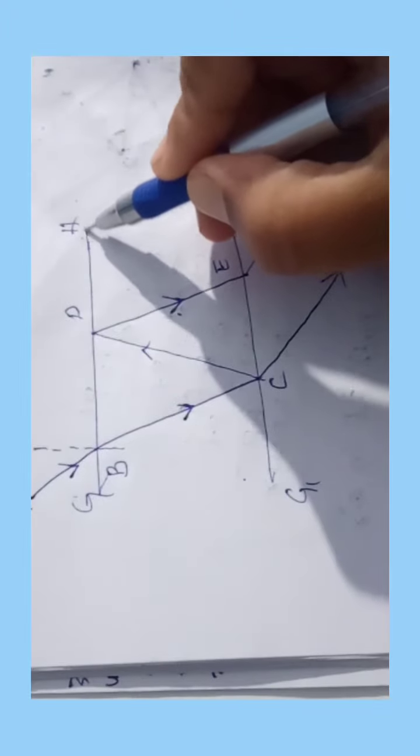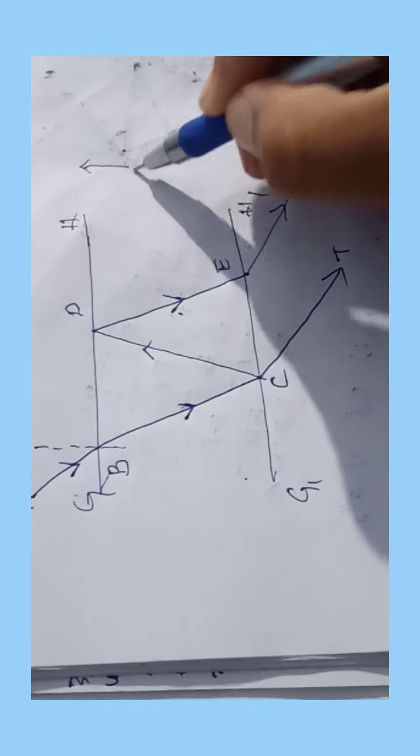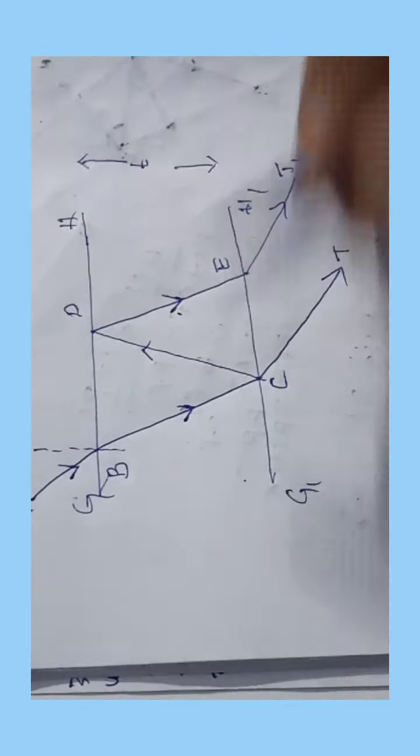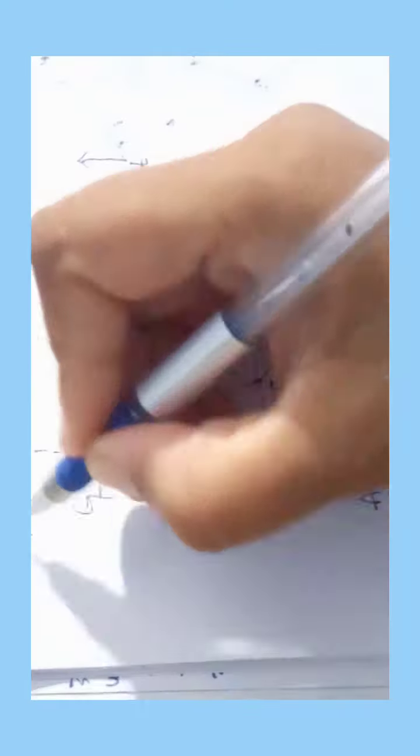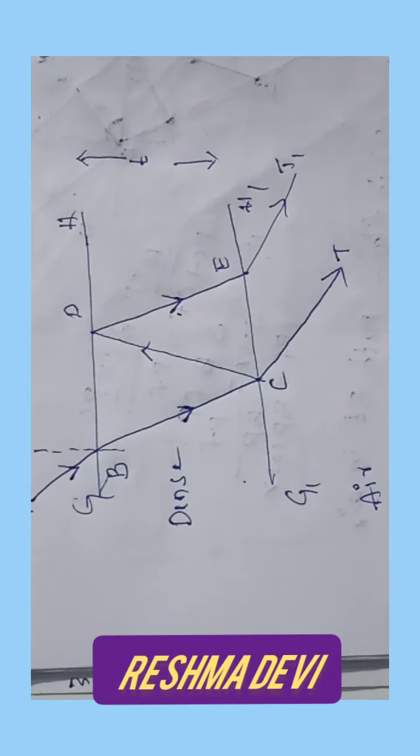Let the thickness of the film be T. The film is a denser medium and this is a rarer medium, right?